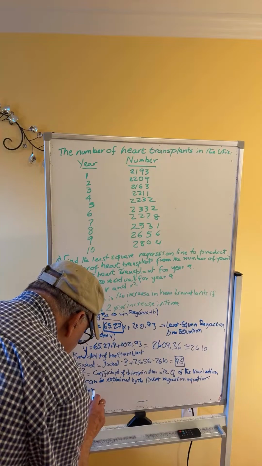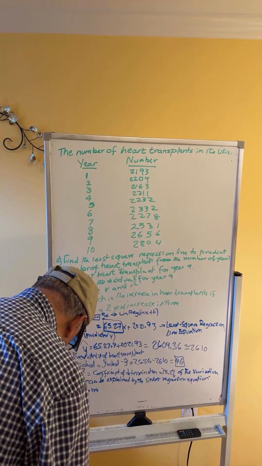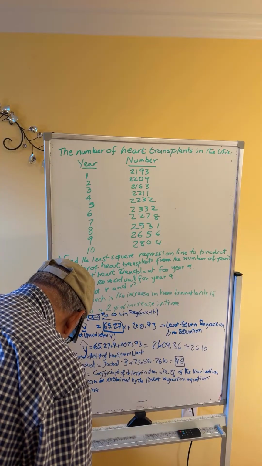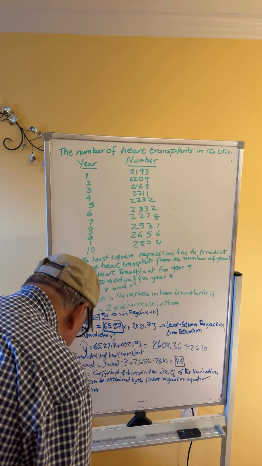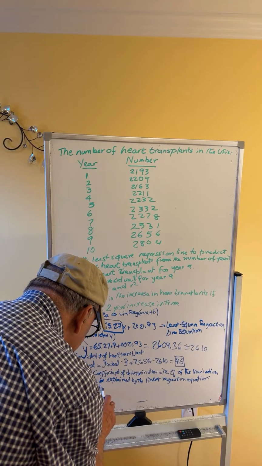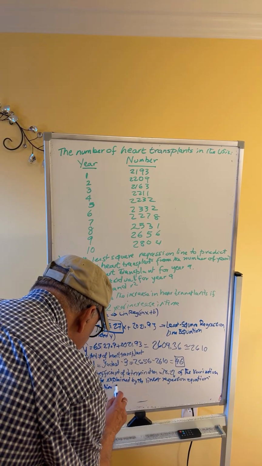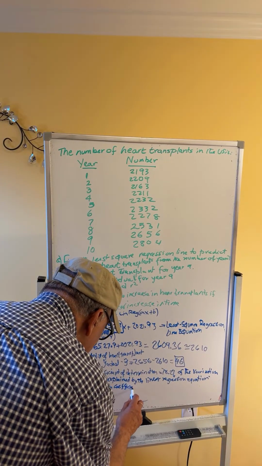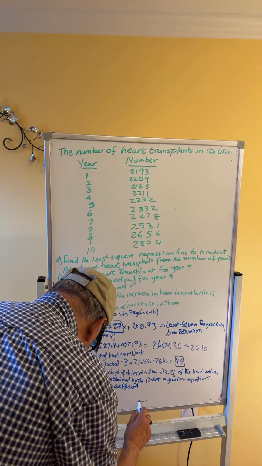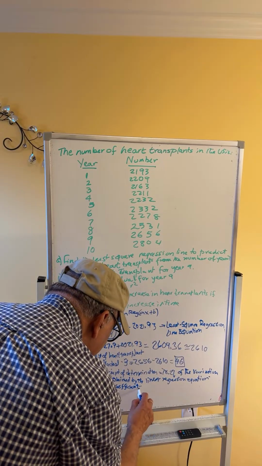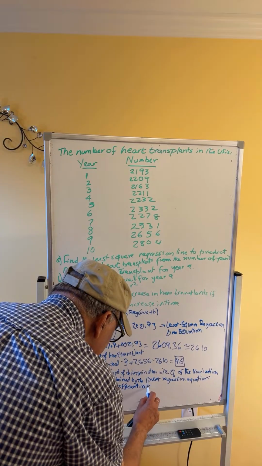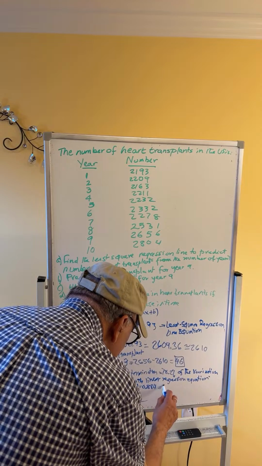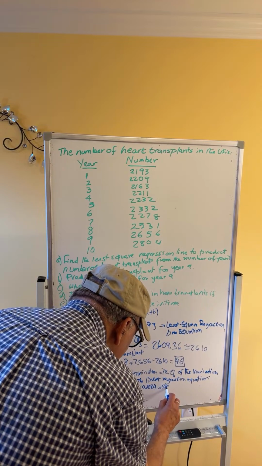Let me write r is the correlation coefficient, and that value is 0.884, which indicates a strong positive linear correlation.